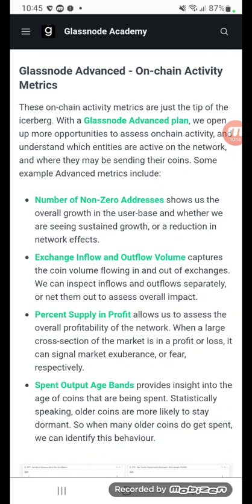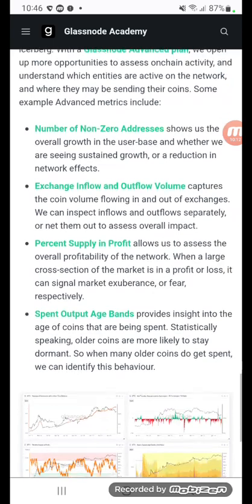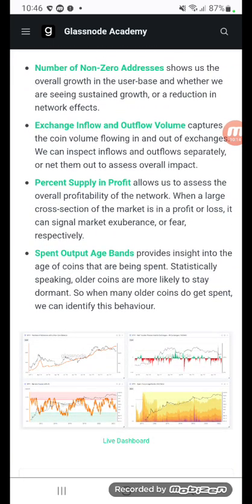Some example metrics include the number of non-zero addresses, which shows us the overall growth in the user base and whether we are seeing sustained growth or a reduction in network effect.